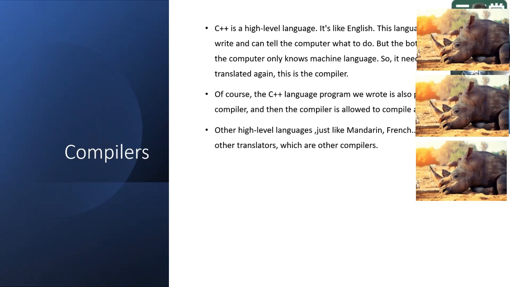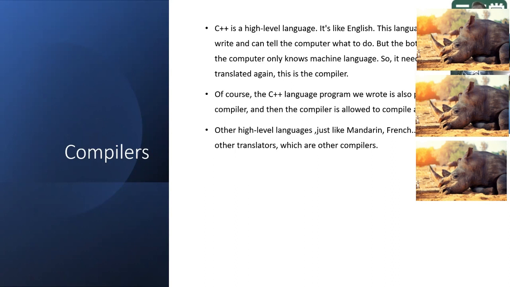Even I do not know how to write machine language because it's difficult. So we use C++, we use Python, but this language, at the very beginning, the computer doesn't know, okay? So we need some translator.